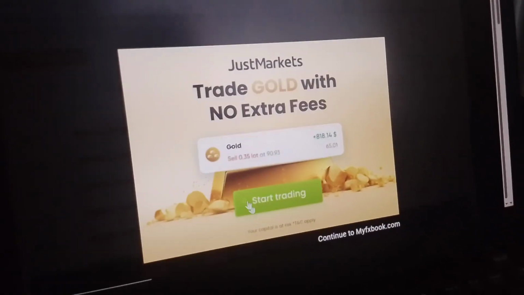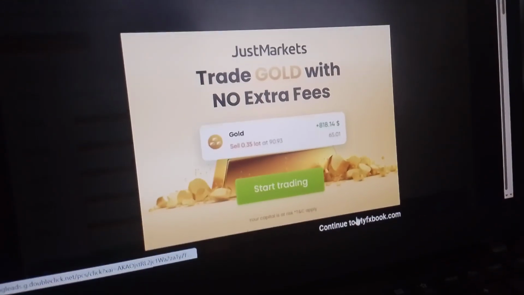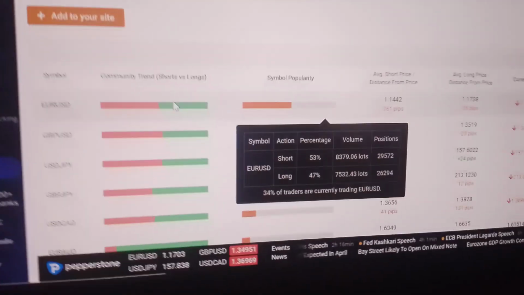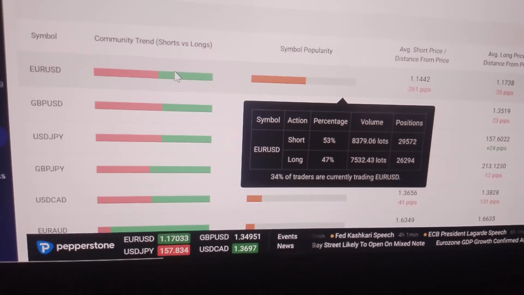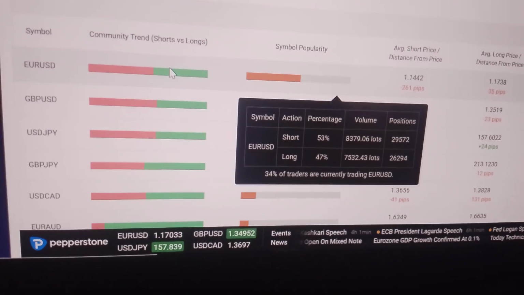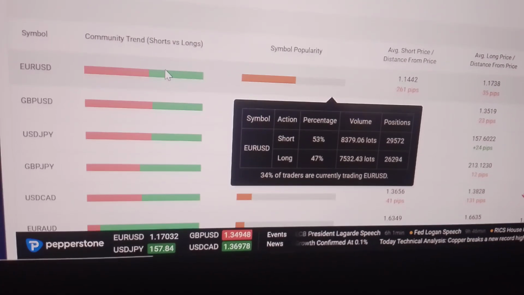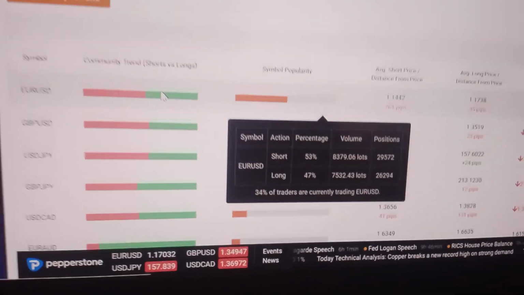Like for example, in EUR/USD here, you can see these are retail traders. You can see 53% are going short, only 47% are long. So for EUR/USD, you are supposed to go against the majority.